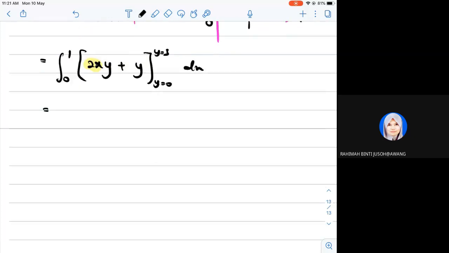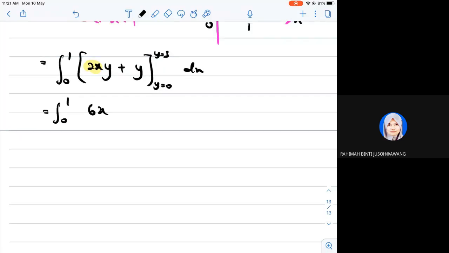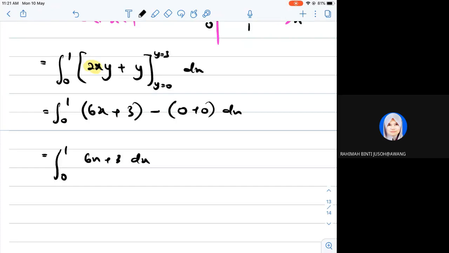Okay, so we will have 0 until 1. So 2x times 3 we get 6x. And then plus y equals to 3, minus gantikan y equals to 0. 0 plus 0, dx. Barulah integrate tak ada y pula. 0 ke 1, 6x tambah 3 dx.